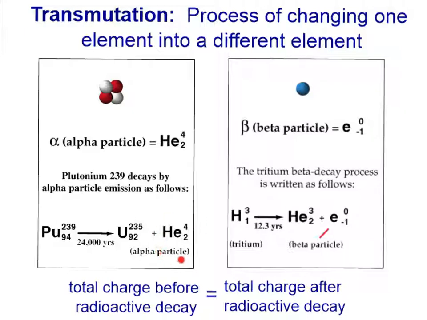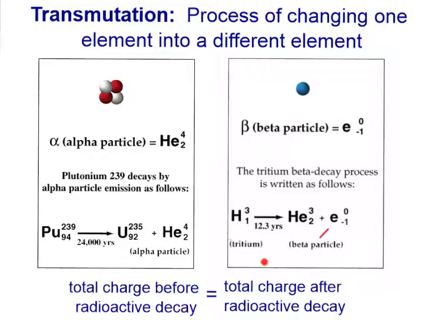An alpha particle is being given off, and we start out with plutonium-239, and when an alpha particle is given off, we end up with a different element, uranium-235. That's because two of those protons are wrapped up in this alpha particle. Also notice that we have 2 protons and 2 neutrons, so the total mass on our uranium particle should go down by 4 atomic mass units.